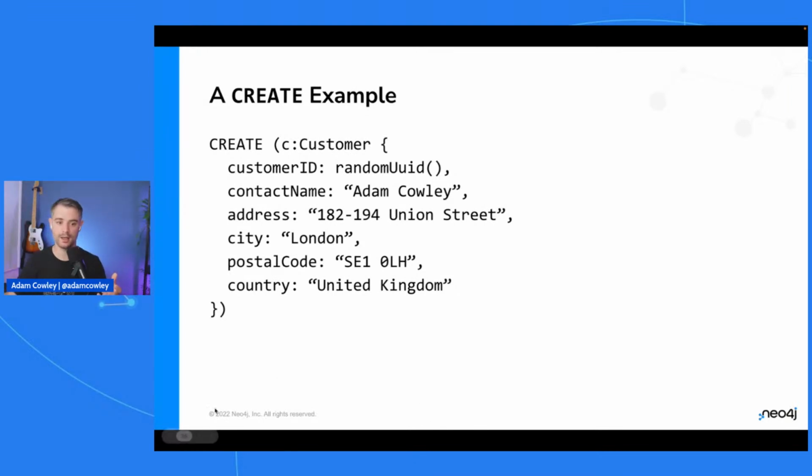So we're drawing out the brackets. We're saying that this will have a customer label, so colon customer, and then we define the properties using a JSON style syntax. Inside the curly braces, we can define our key value pairs.